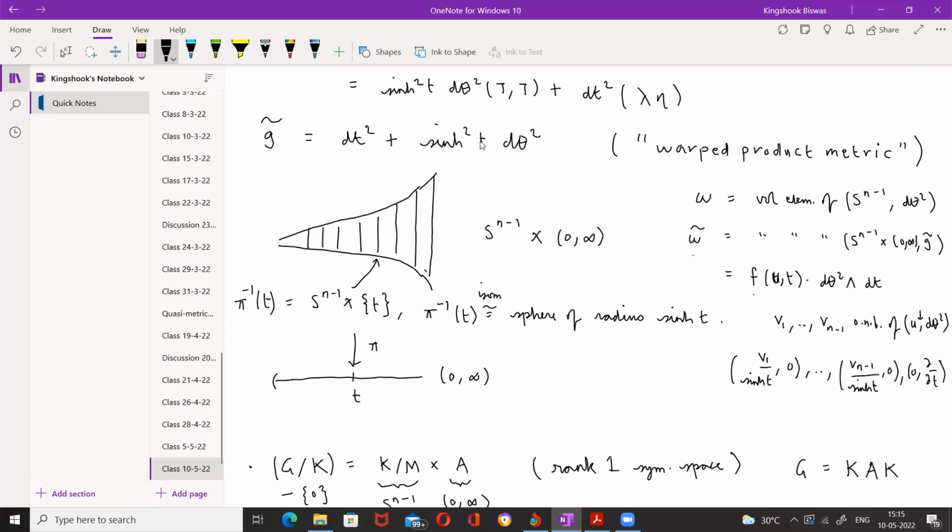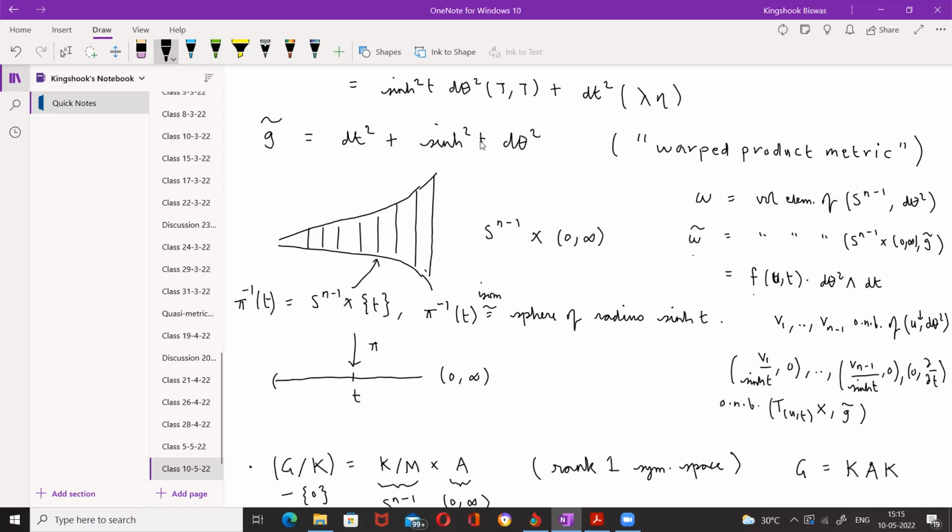This is an orthonormal basis of the tangent space at ut to X with the metric G tilde, right?